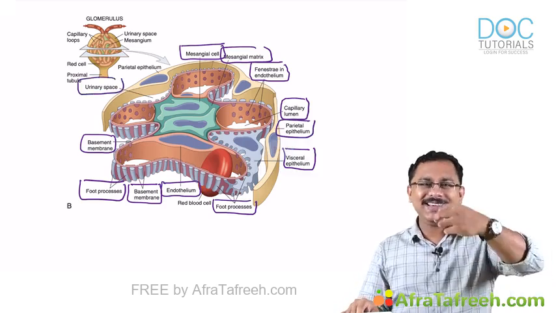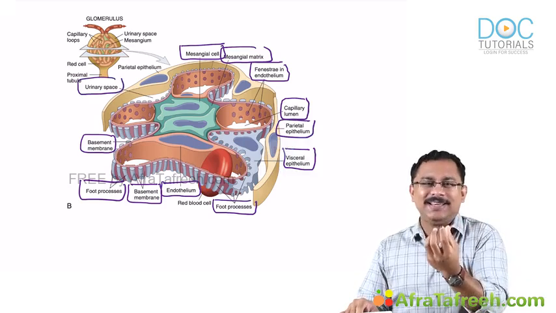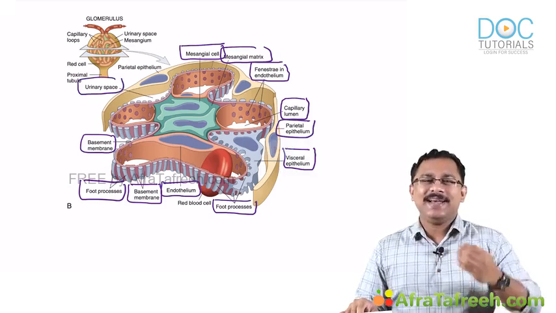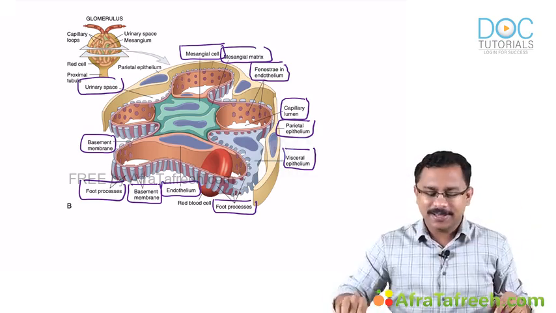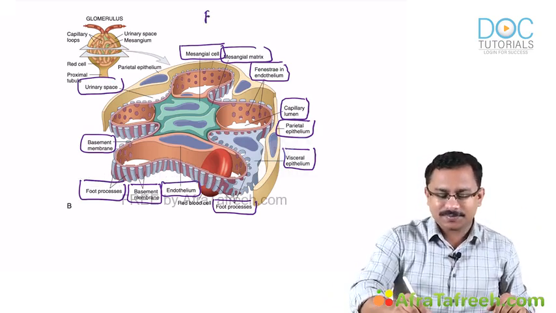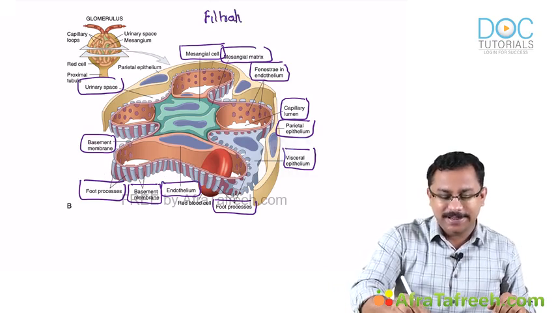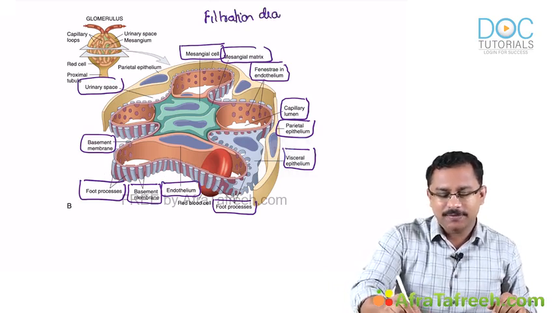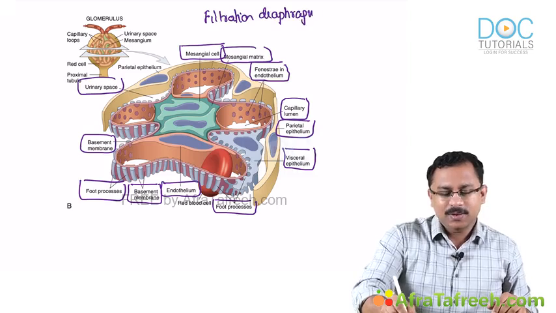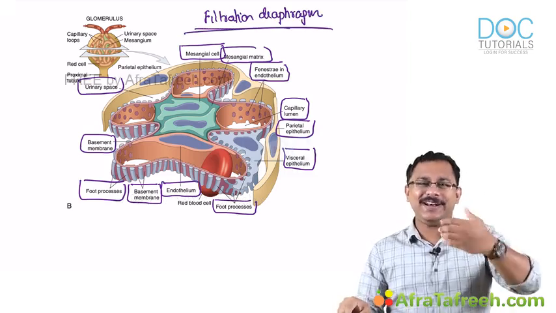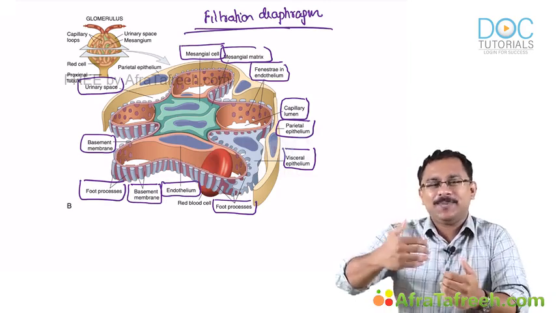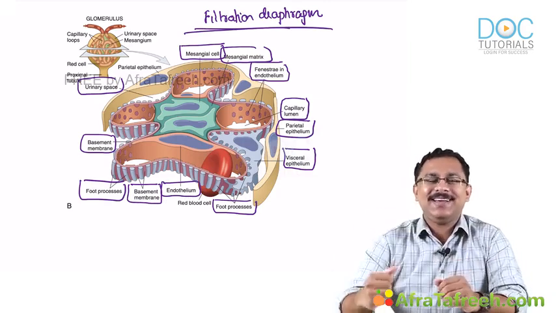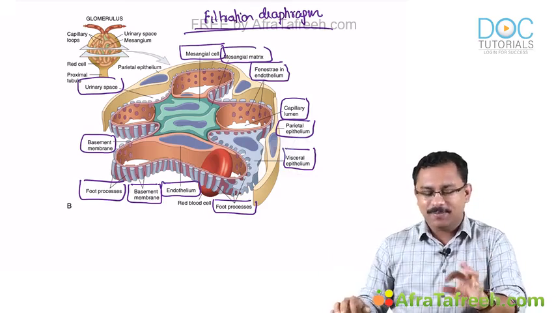So between the capillary lumen and the urinary space, you have the filtration slit, correct? You have the filtration diaphragm, you can call it, which is responsible for filtering across the barrier that separates the capillary lumen and the urinary space, which is again very important.